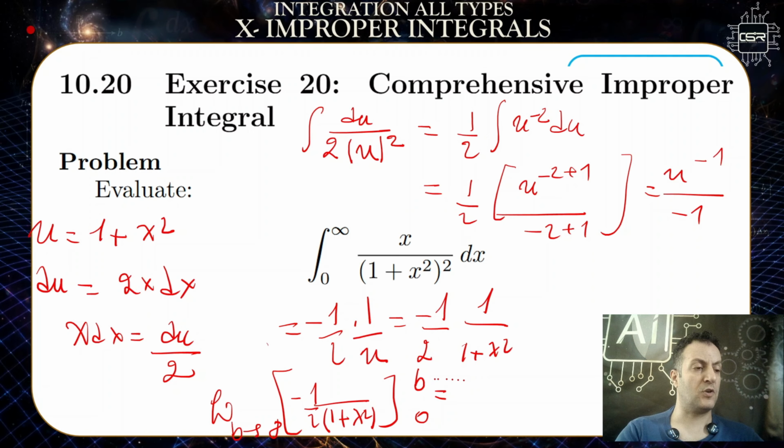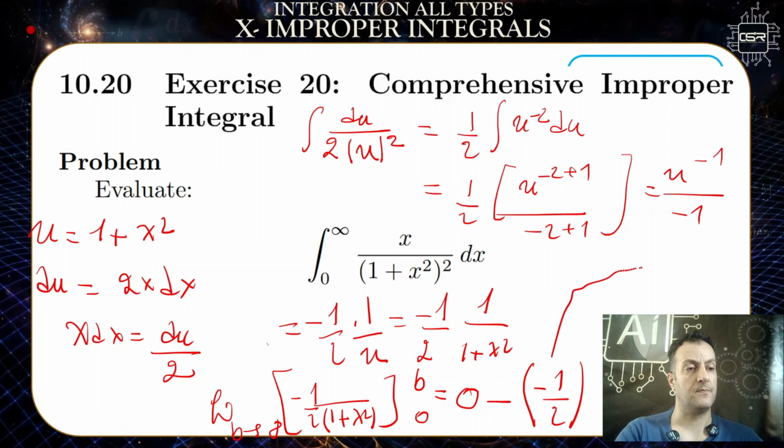Now, as you replace with b, x^2 for x equal infinity, the denominator blows up and becomes -1 over infinity, which is 0. Minus, okay, replacing 0, in the denominator we end up with -1 over 2, which is plus 1 over 2.